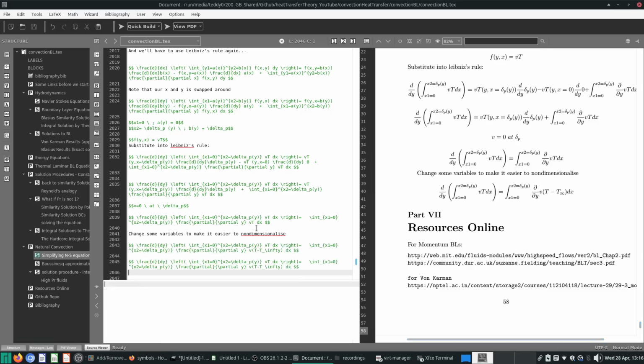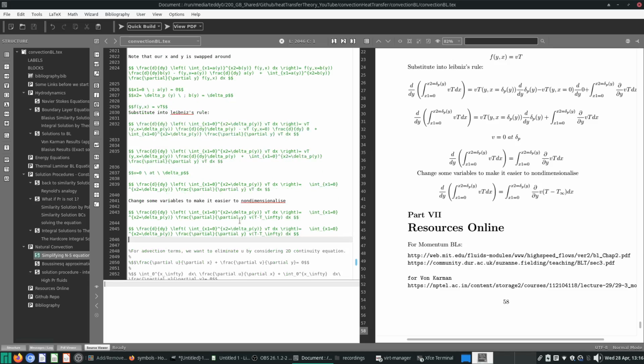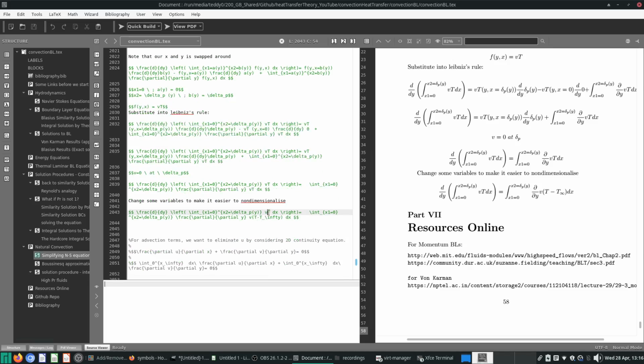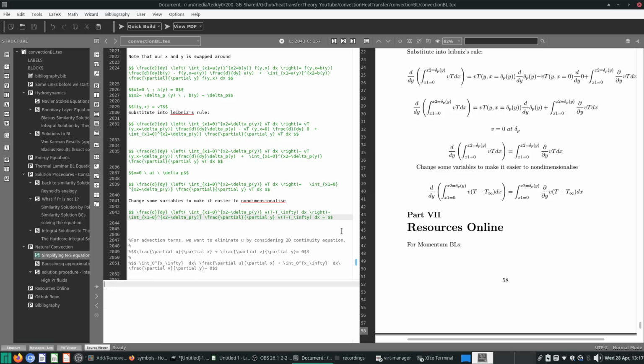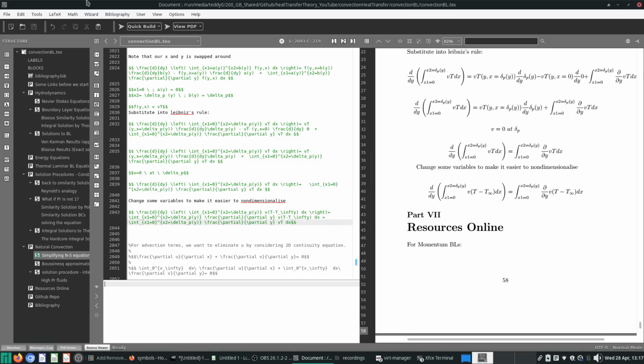And basically what we are left with on the left hand side is t minus t infinity, and this is the standard form of the boundary layer equations that you will see in the textbook. You will have this form over here. Just to really drive the point across, I will just put the third equal sign here.